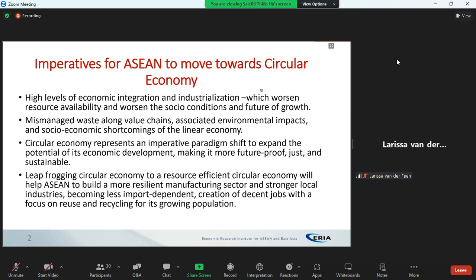And the fourth one, leapfrogging to a resource-efficient circular economy will help ASEAN to build a more resilient manufacturing sector and stronger local industries, becoming less import-dependent, and create decent jobs with a focus on reuse and recycling for its growing population.